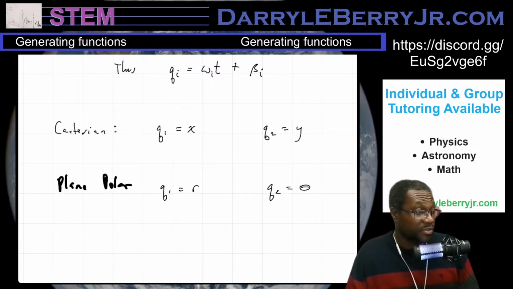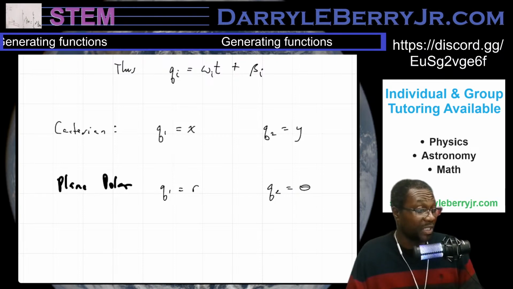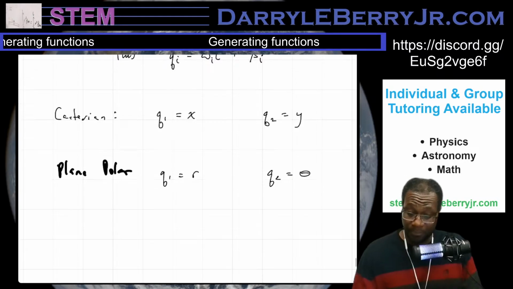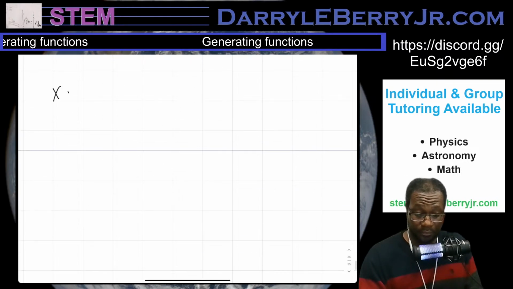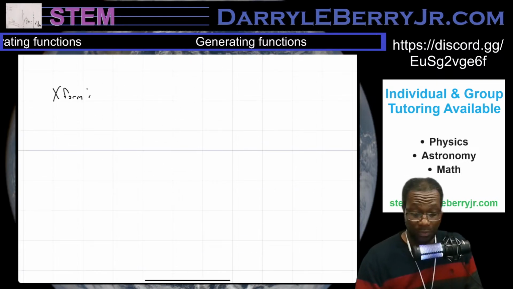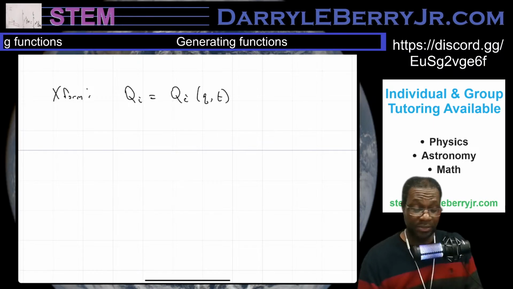The transformations considered in the previous chapters have involved going from one set of coordinates, q, to a new set, capital Q. The transformation equations are of the form Q_i = Q_i(q, t).